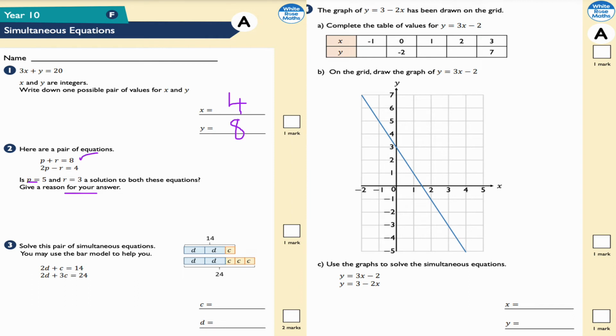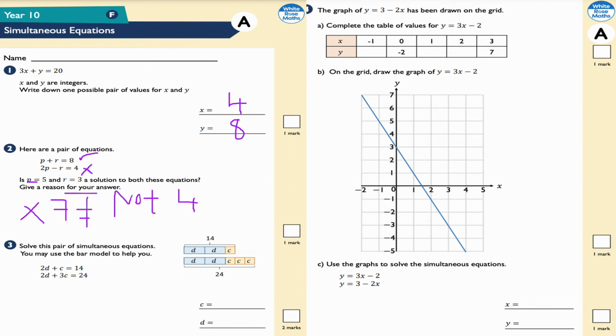The second one, 2 times 5 is 10, subtract 3 is 7, so it's not true for the second one, because it gives me the answer of 7, not 4.